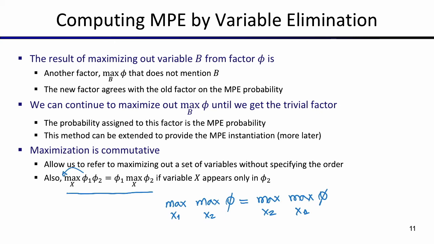So it's going to be equal to phi1 times the maximum over x of phi2. In this case, we can remove the factor phi1 and eliminate the variables only in phi2. So we can do this localized elimination of variables, which is more efficient than multiplying the factors together first and removing the variable later on.